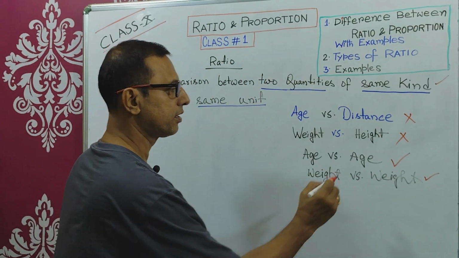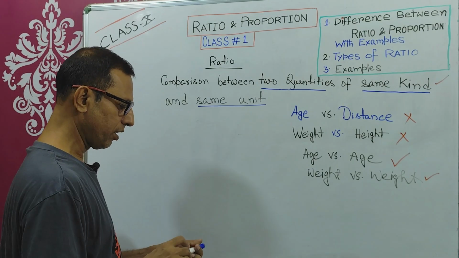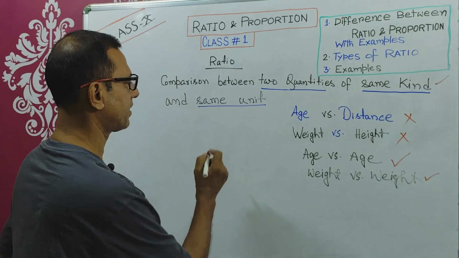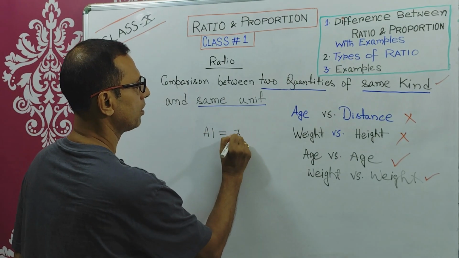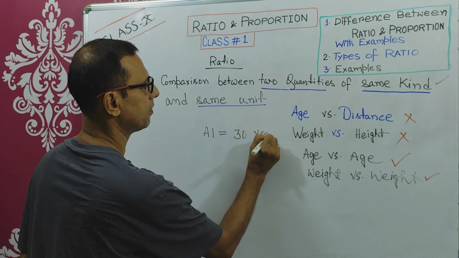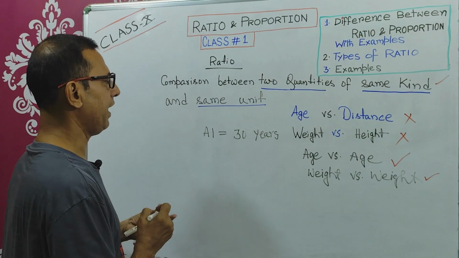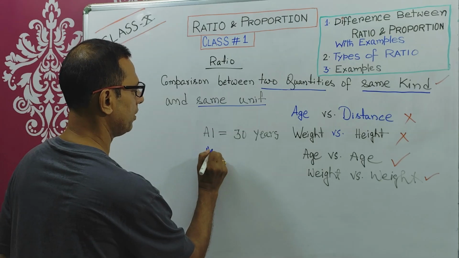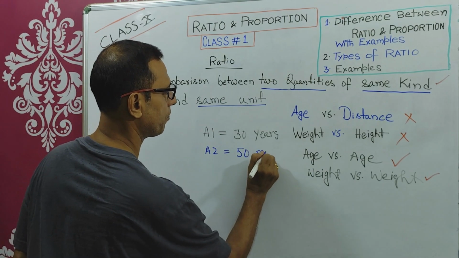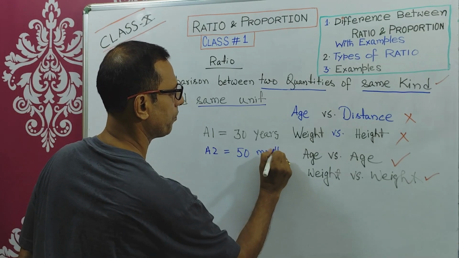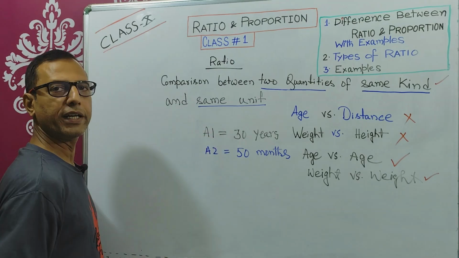But we still cannot say whether it is possible or not. Let's say age 1, A1 equals 30 years, and age 2, A2 equals 50 months. Can you compare between A1 and A2?